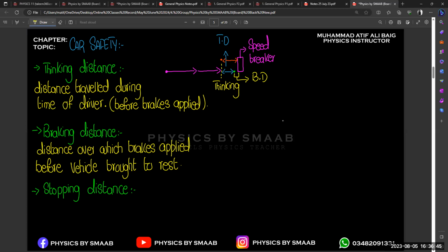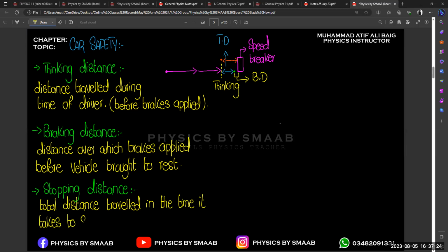So we can simply say that it is the total distance traveled, the time it takes to stop a vehicle, right?